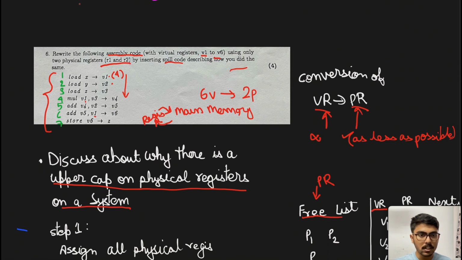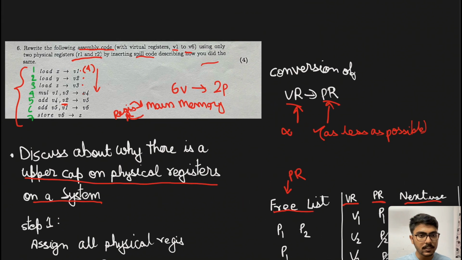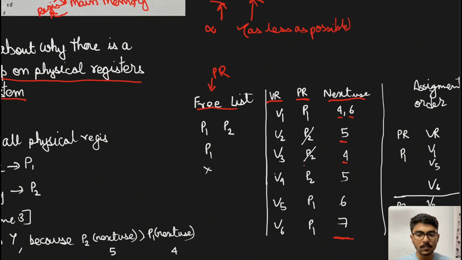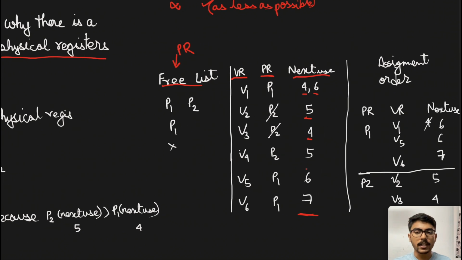V2 is used in line number 5, right here, line number 5. So we write 5 there. Now for V3 we see that it is used in line number 4, so we write line number 4. Similarly, for all the virtual registers we will write the next use. Perfect. Now we come to the next part.